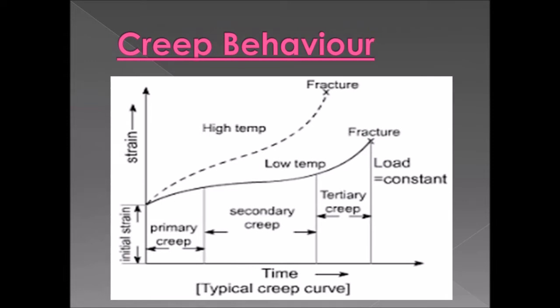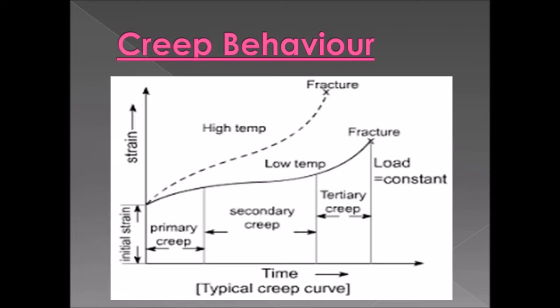So now, what is creep behavior of the bone? So creep is a deformation that occurs under a prolonged and sustained loading, and it can lead to permanent damage in the bone. Okay, so in this graph, the x-axis is showing the time for which the load is being applied, and the y-axis is showing the strain. So when we apply the initial strain, okay, constant load, we'll apply constant load.